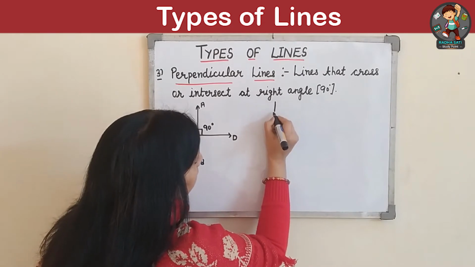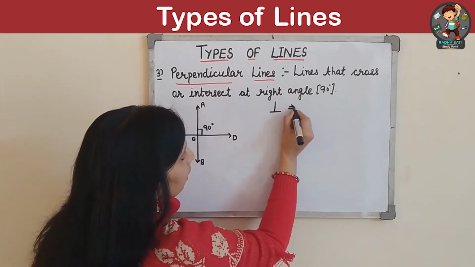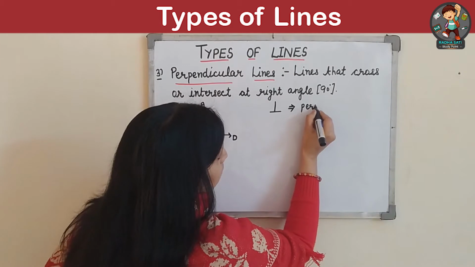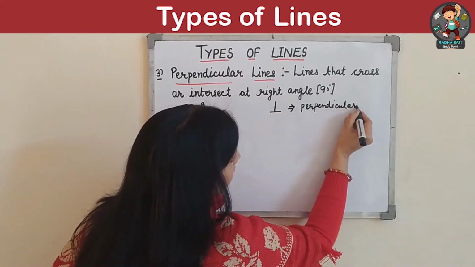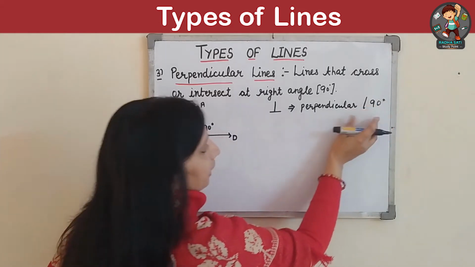So this is the symbol that we use for perpendicular lines. This means perpendicular, or it means 90 degree.